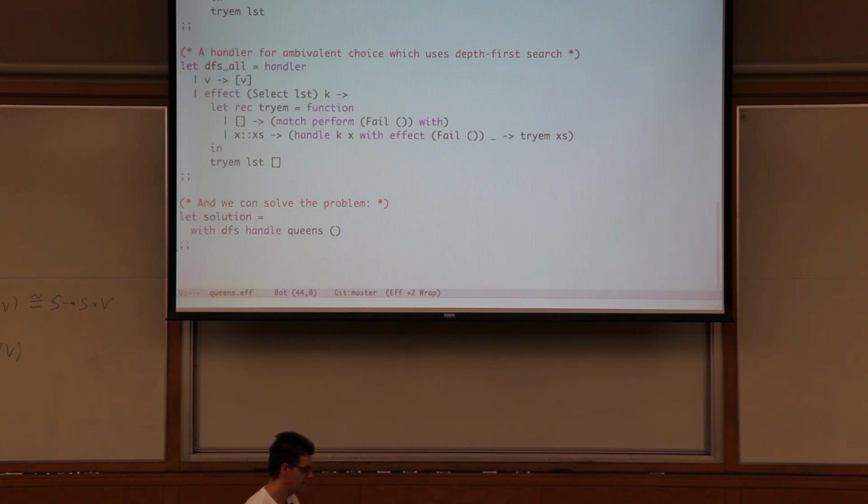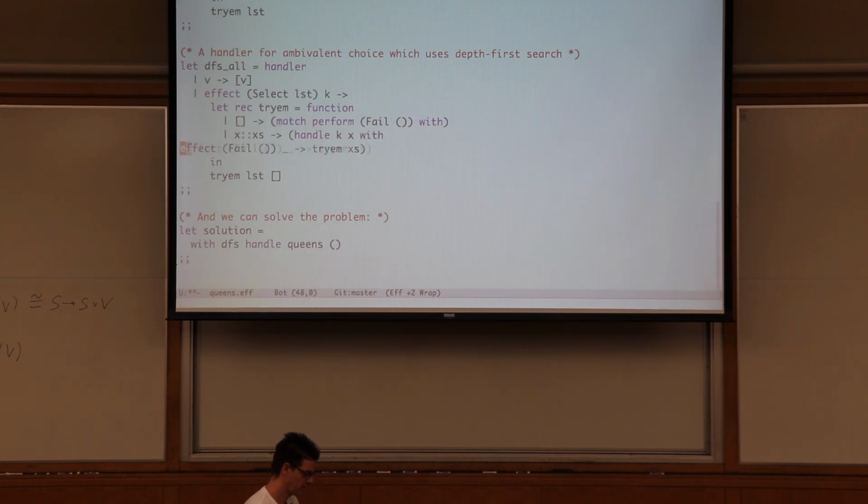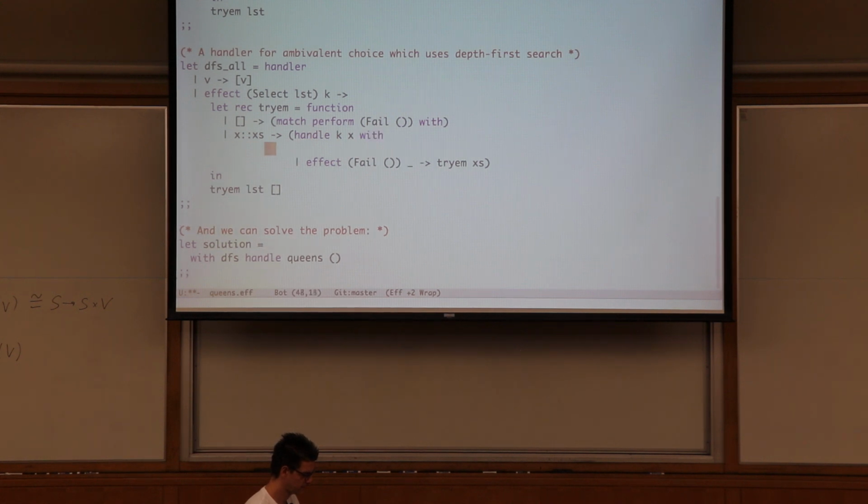Okay, and then here we say, this handler here, there will be two cases. If it finds a solution, what do we do? Well, we're going to take this solution and we're going to attach to it all the other solutions that we will find.